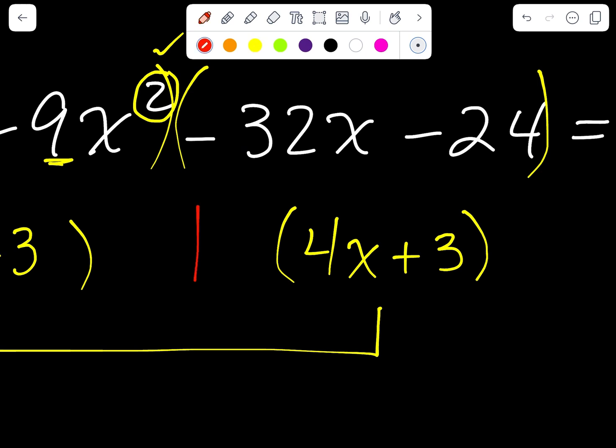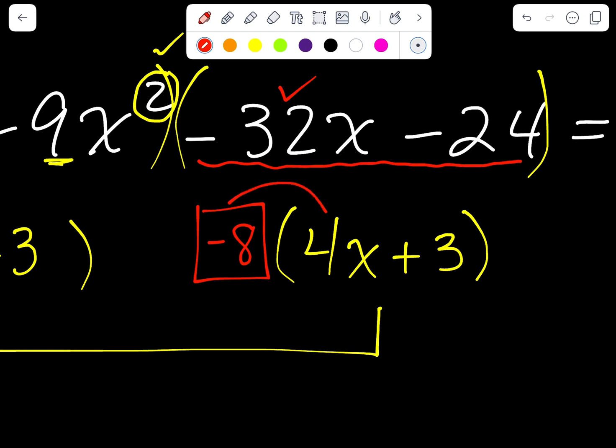And all we need to do is figure out what we can multiply on the outside of 4x plus 3 that would give us negative 32x minus 24. Well, I know that 4 times negative 8 is negative 32. So check this out. Negative 8 times 4x is negative 32x. Negative 8 times 3 is negative 24.